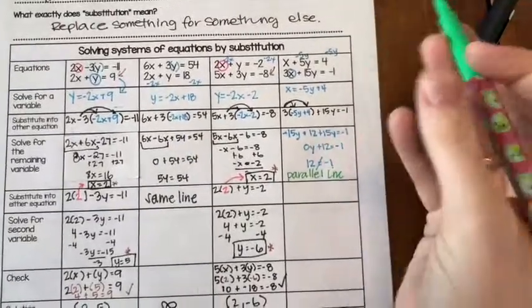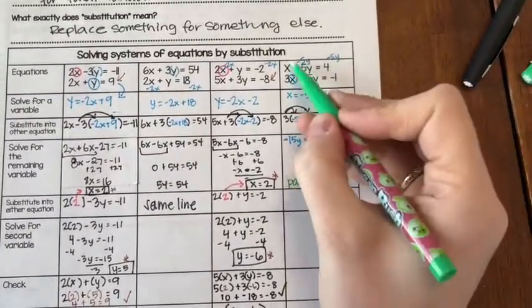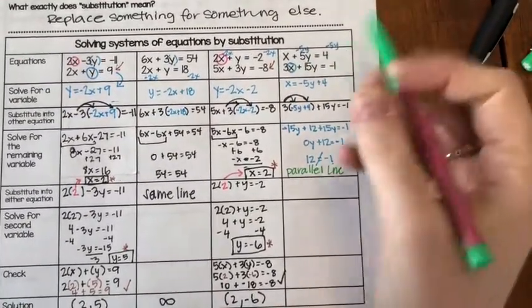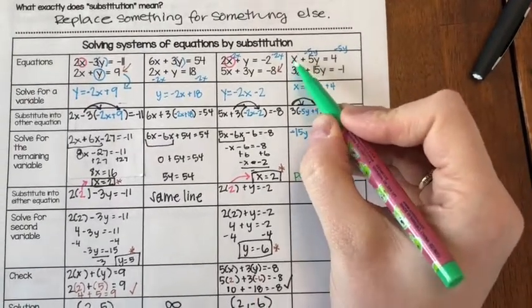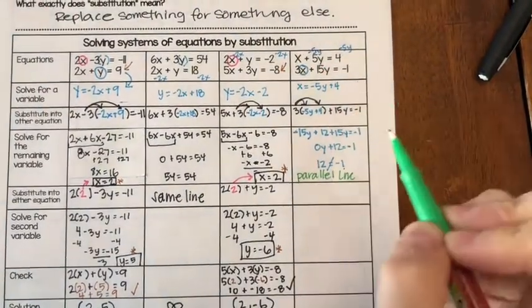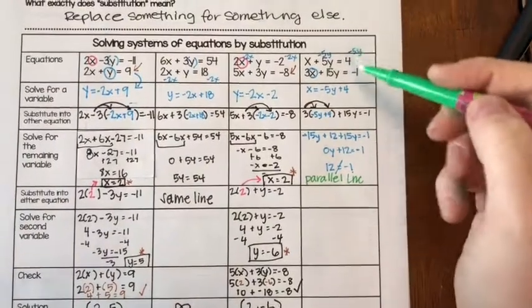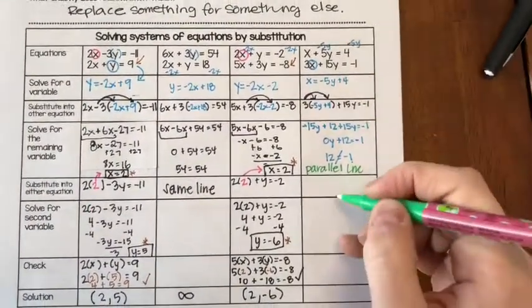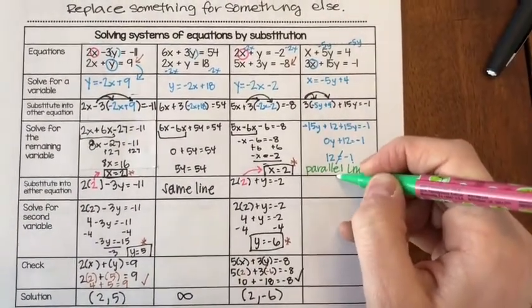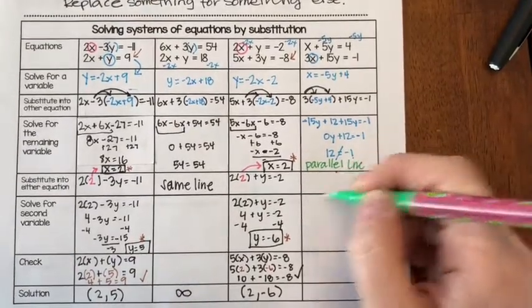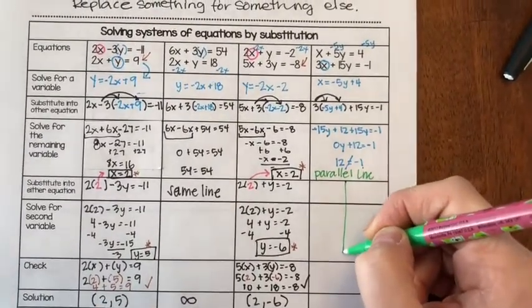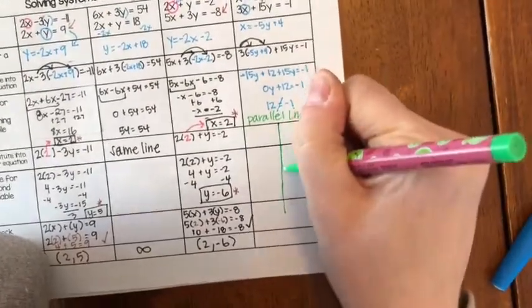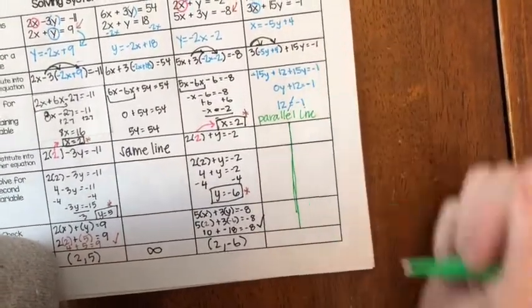So when we simplified for x, what we should do is simplify for y and look at what our slopes are of both of these, because we want to make sure that we have the same slopes. So I'm actually going to extend this line because we're going to check both of these and make sure that they have the same slopes.